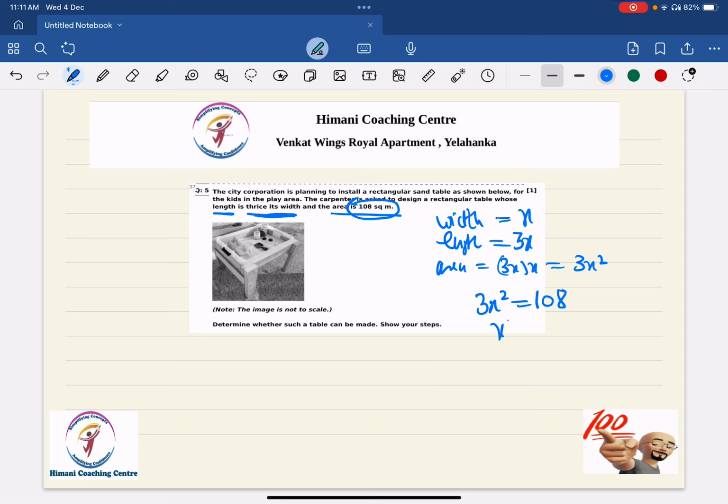Then x square would be equal to 108 by 3, which is 36, so x is equal to 6. So you will say, yes, this kind of rectangular table can be designed. Okay, so this is how you solve this question.